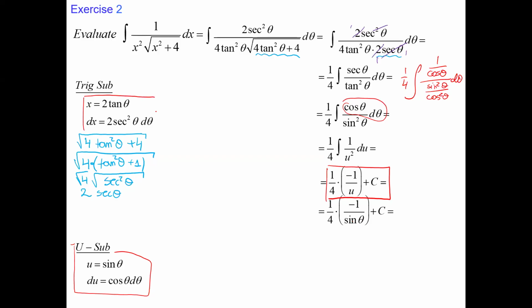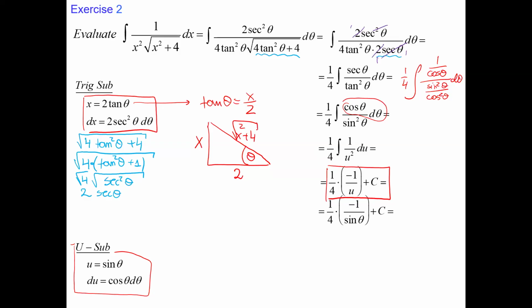Let's look at the substitution. We did have the substitution that tangent theta is x over 2. Let's build the right triangle. For the other ratio, we need sine. Tangent is opposite over adjacent. Okay, x over 2. If this is x, this is 2, hypotenuse will be the square root of x squared plus 2 squared.